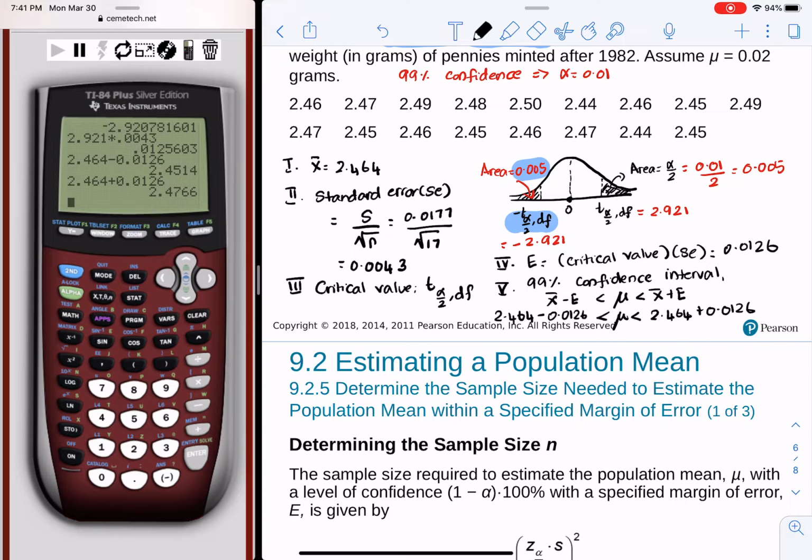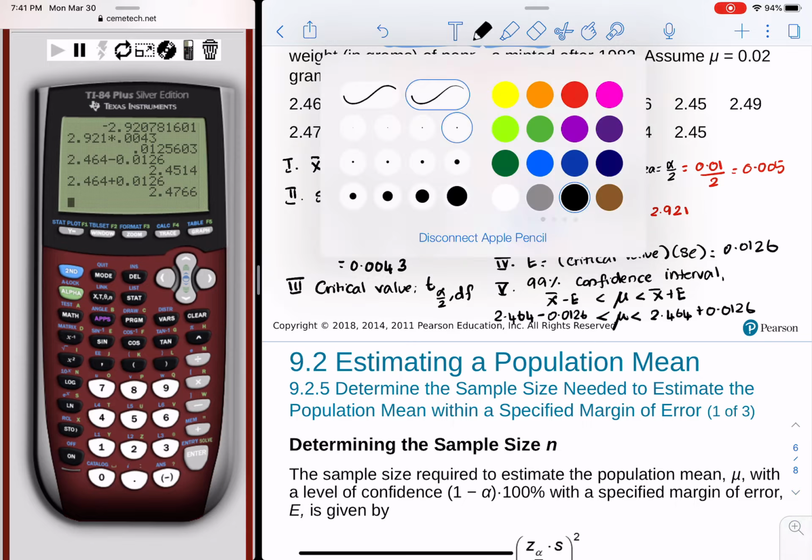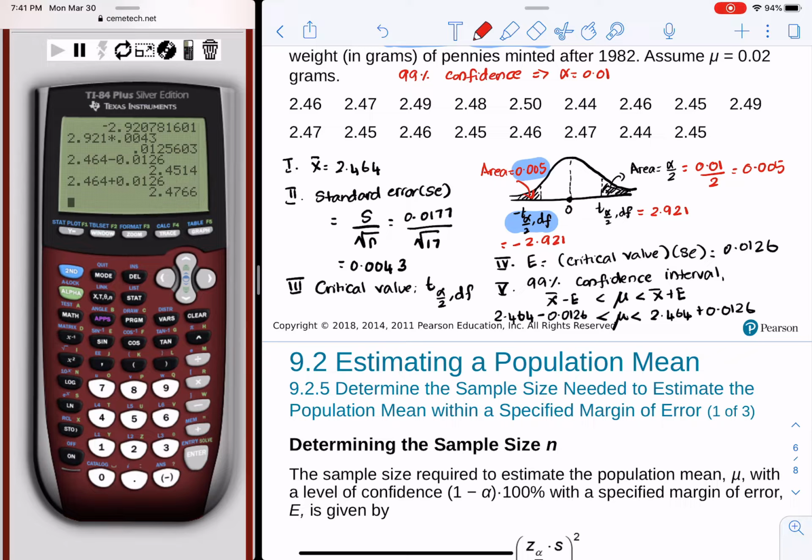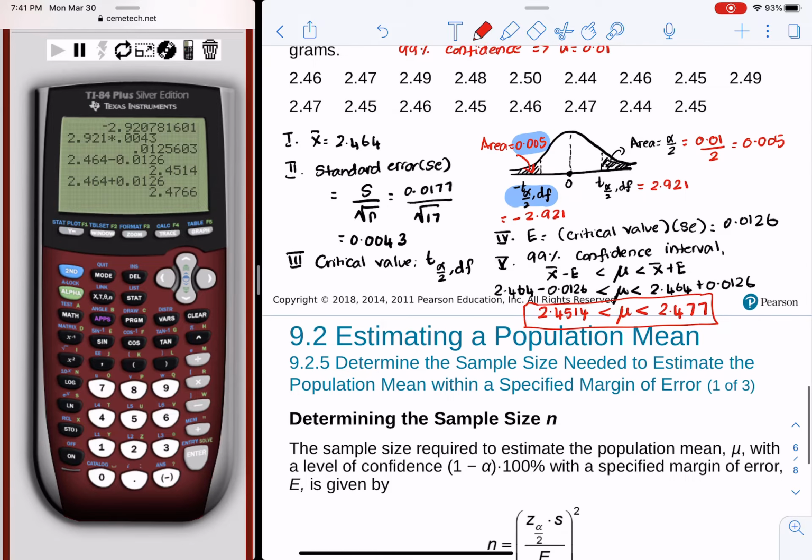So we end up getting the interval as 2.4514 less than mu less than 2.477. And that is the 99% confidence interval for the population mean, which is the average weight of pennies minted after 1982.